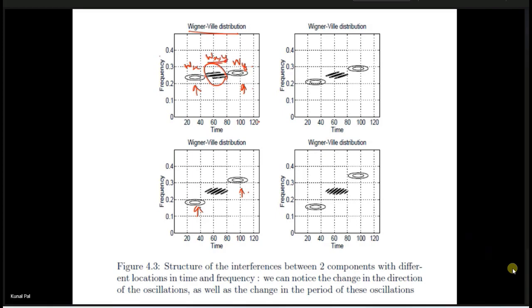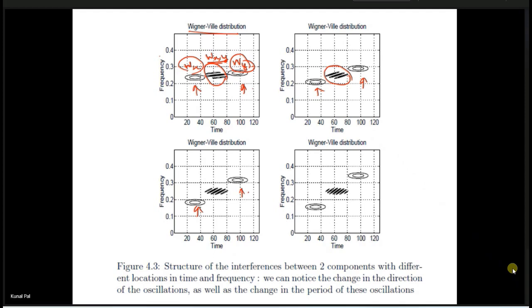Now, when these two atoms are getting separated in time, then this cross term is not interfering with the Wigner-Wheeler distribution of X and Y. They are not conjoined. So keep in mind that when you get atoms which are placed very near each other in time, the cross terms will interfere with the analysis of your composite signal.